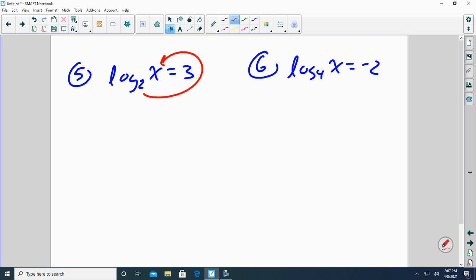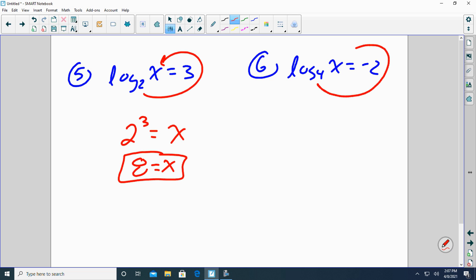So I get 2 to the third is equal to x. 2 times 2 times 2 is 8. You get that? This problem, we're going to take this around. So I get 4 to the negative 2 is equal to x. Ooh, 4 to the negative 2 is 1 over 4 to the second, which is 1 over 16. Is that okay?